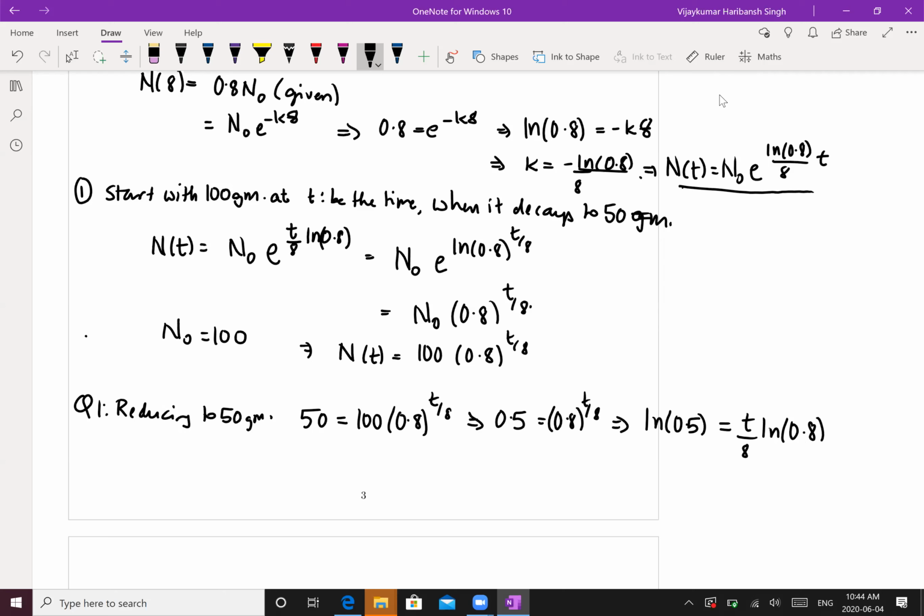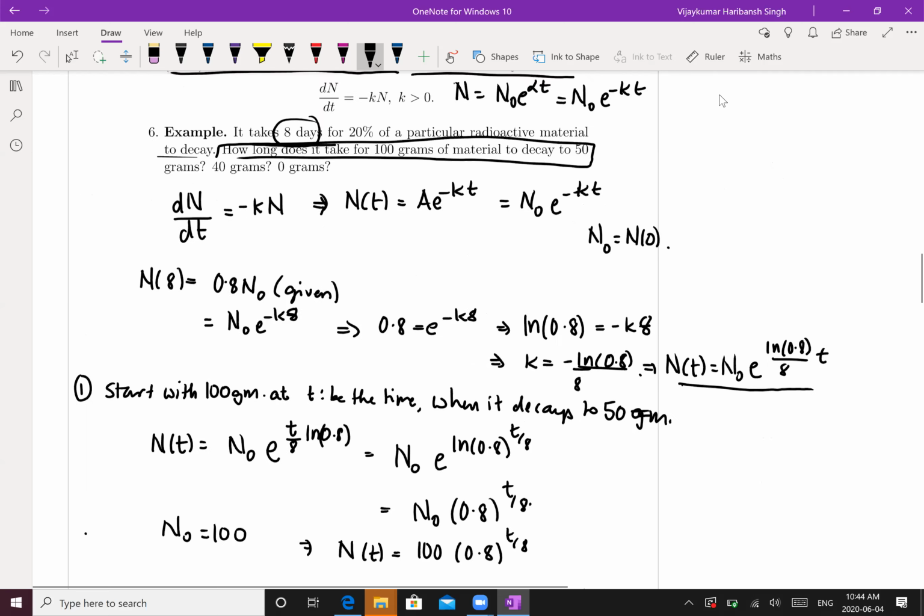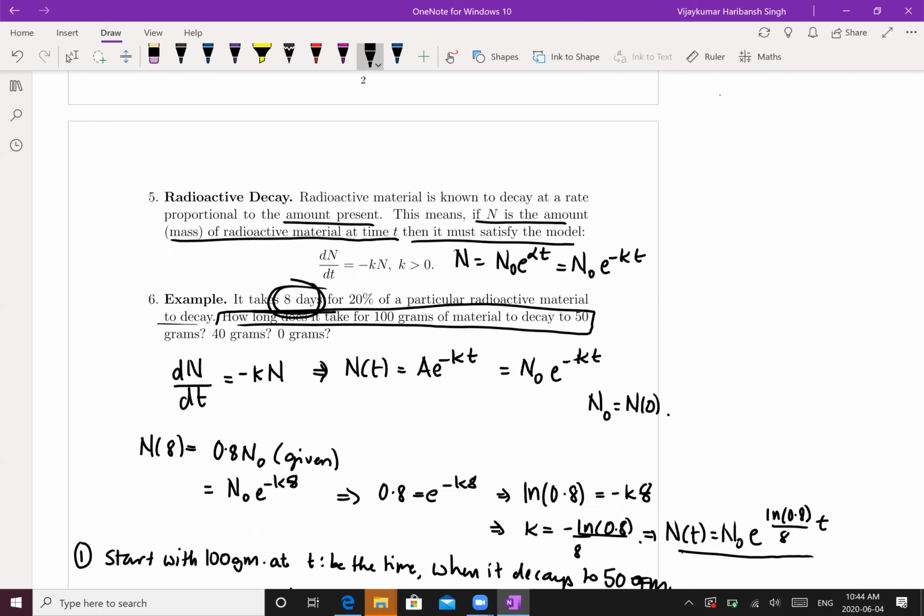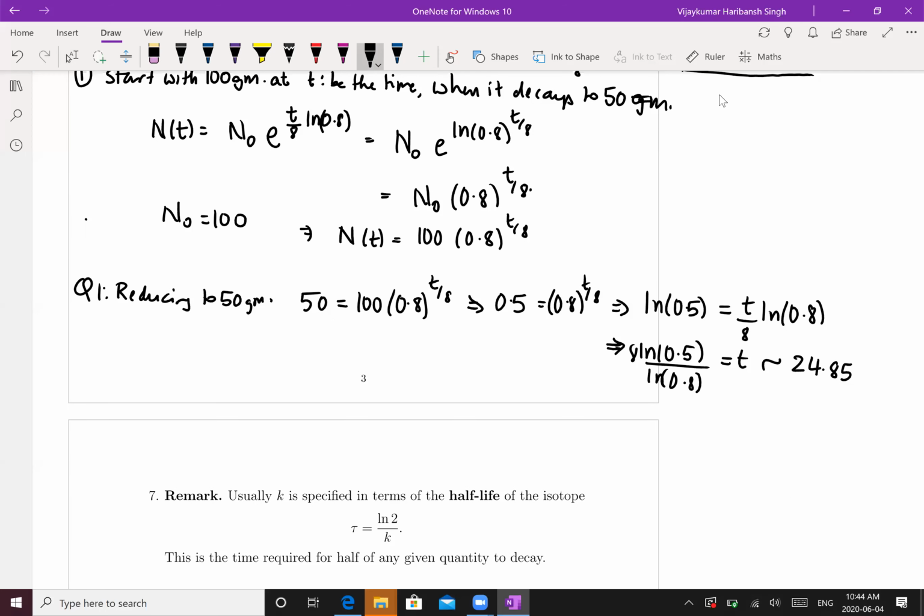And this gives us t equals 8 times ln of 0.5 divided by ln of 0.8. And if you use your calculator, you can see that this is roughly going to be 24.85. And what is the unit of measurement? Everything was measured in days here. So this is also measured in days.